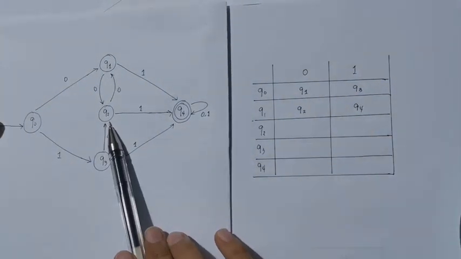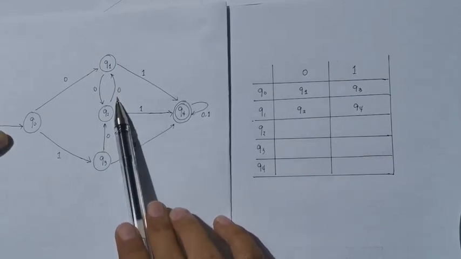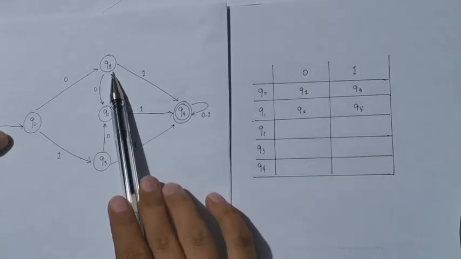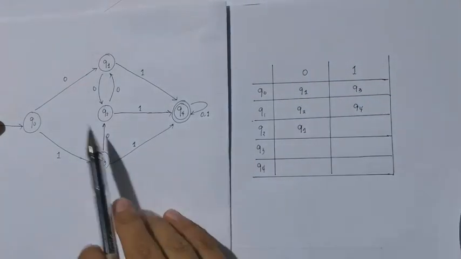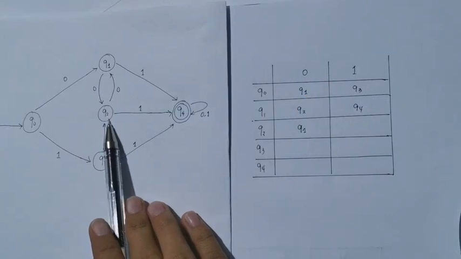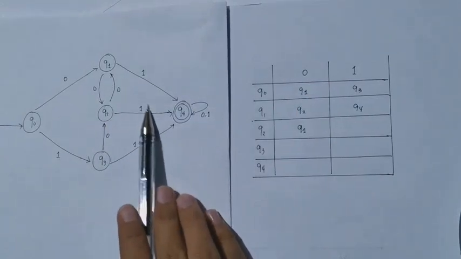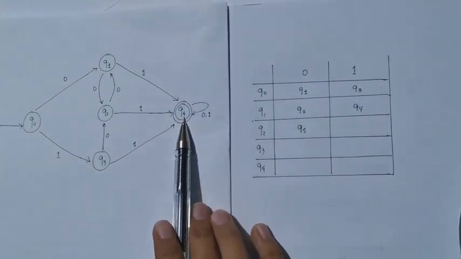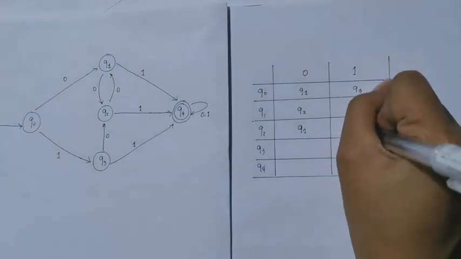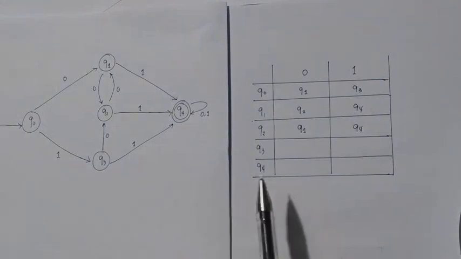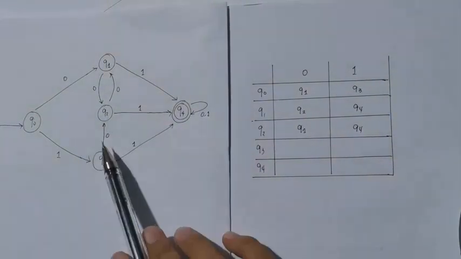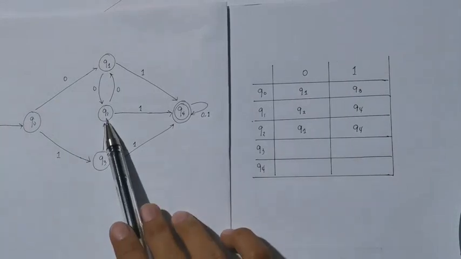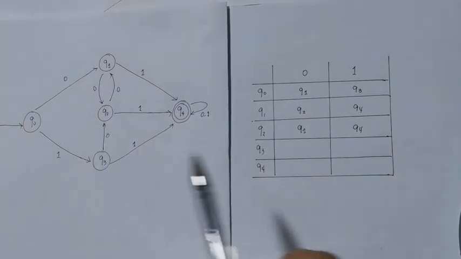From Q sub 2 or station 3, bus number 0 went to Q sub 1 or station 2. From Q sub 2 or station 3, bus number 1 went to Q sub 4 or the city or the last station. From Q sub 3 or station 4, bus number 0 went to Q sub 2 or the third station.